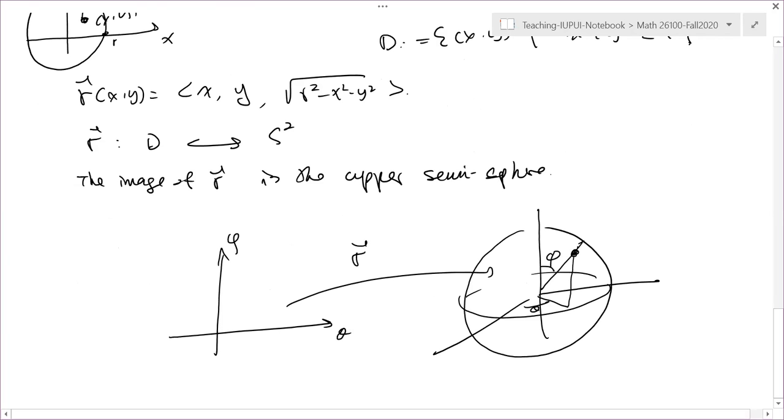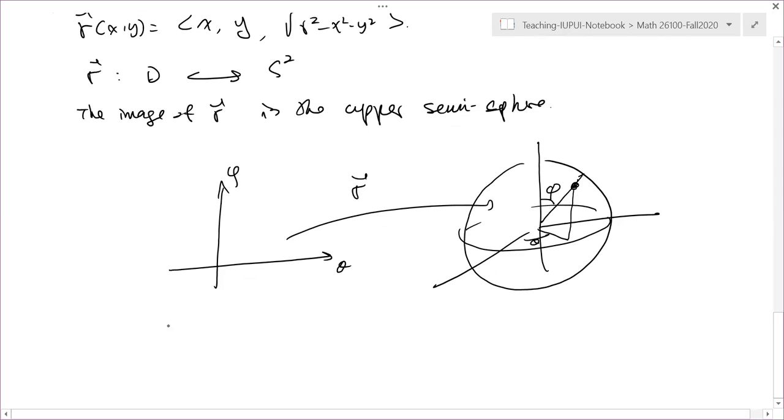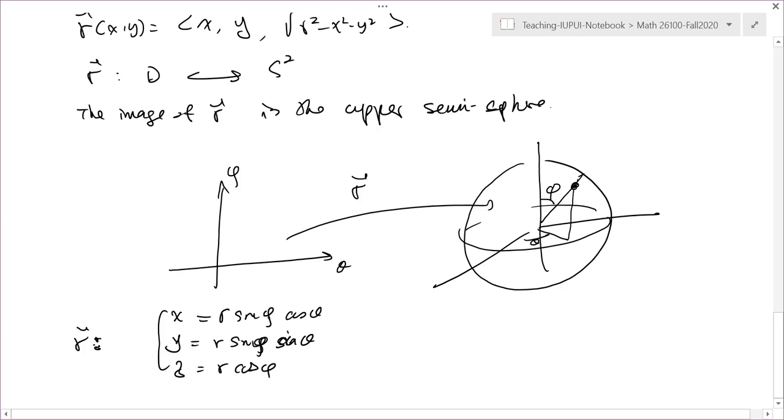Okay. So for the whole sphere, I can get the whole sphere, yeah. R is determined by x, which is going to be r sine phi cosine theta, y equals r sine phi sine theta, and z is r cosine phi, right?